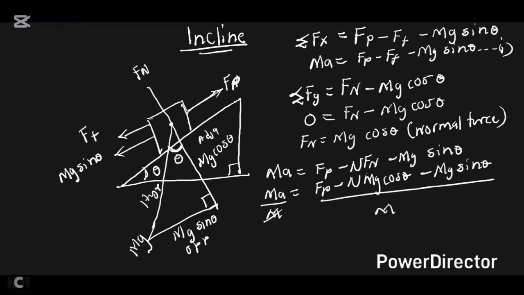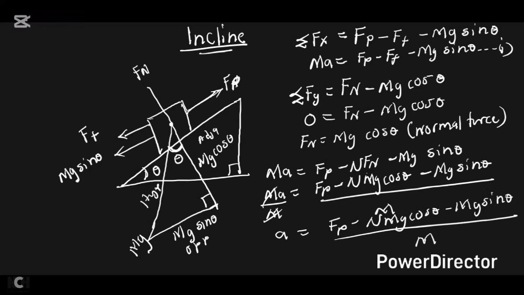So if you have been asked to calculate the acceleration in this situation, you use this formula or this method that I've shared now. So this is how you come up with the equations in this situation, right?